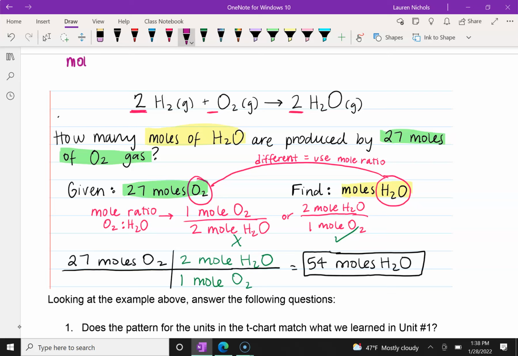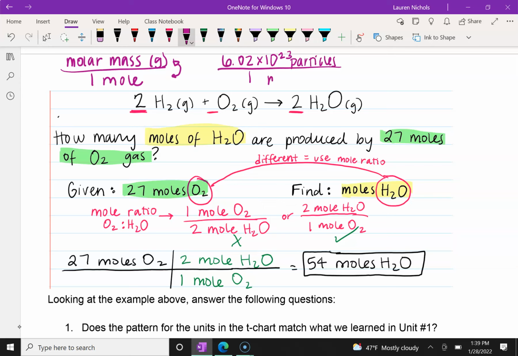We had our molar mass measured in grams all over 1 mole, or the flipped version. We also had Avogadro's number, 6.02 times 10 to the 23 particles, all over 1 mole, okay, or the flipped version. Or now we have the mole ratio.